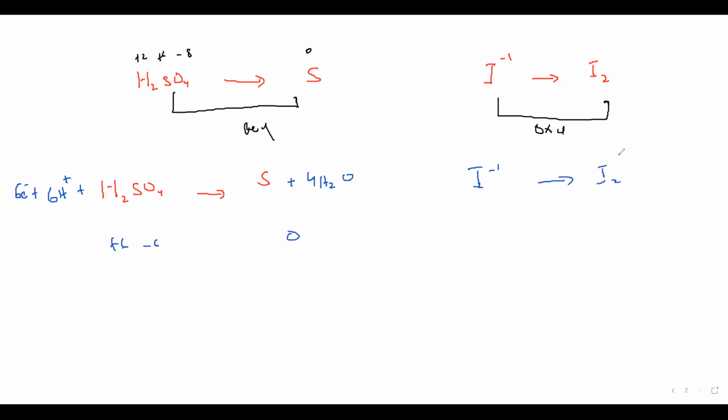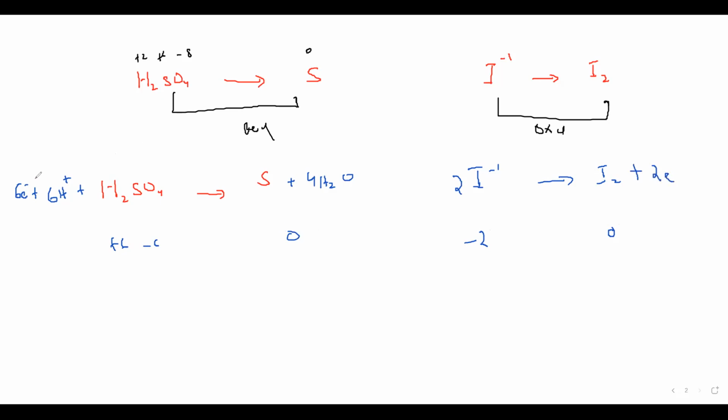There is no oxygen, there is no hydrogen, so we just balance the element. First, iodine is 2, so I put 2, so iodine is balanced. Then about the charge, 1 iodide is -1, 2 iodide -2. This will be 0. Because 0 is greater than -2, I should add electrons on the right hand side.